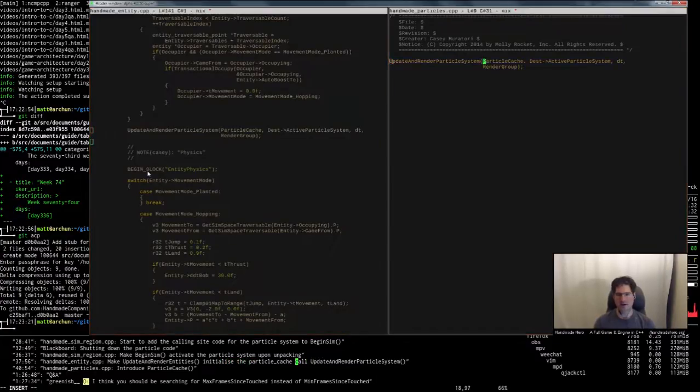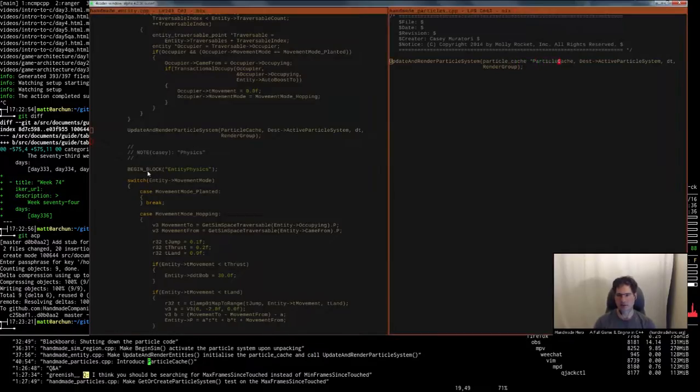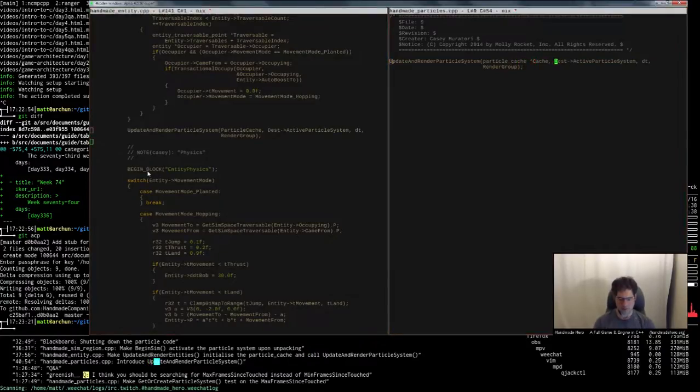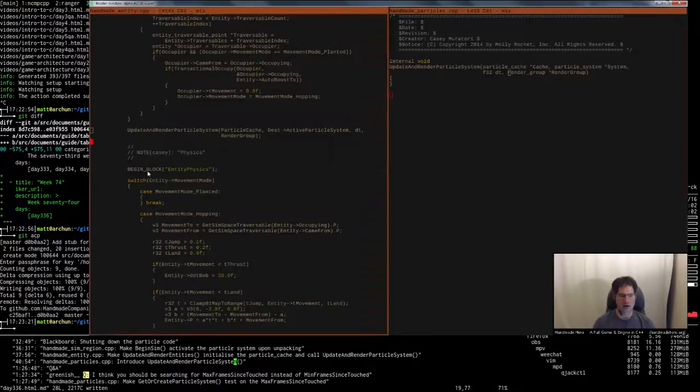So I know I'm going to have one of these. And I know what it takes. So this is an active particle system. We just call it a particle system. We have the DT, and we have the render group. So we know we've got those.